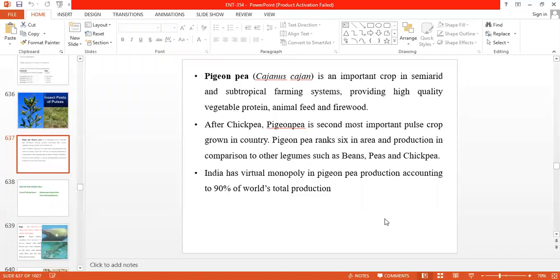After chickpea, pigeon pea is the second most important pulse crop grown in our country. Pigeon pea ranks sixth in area and production in comparison to other legumes such as beans and chickpea.